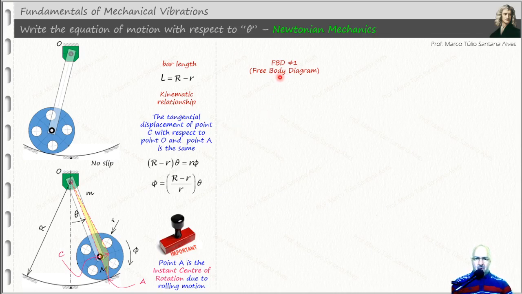Because we are using Newtonian mechanics, we need to draw the free body diagram. For the free body diagram of the bar, we need the bar in that position here. This dashed line means the radial direction, and point O is the point of rotation. The vertical dashed line is the equilibrium position.